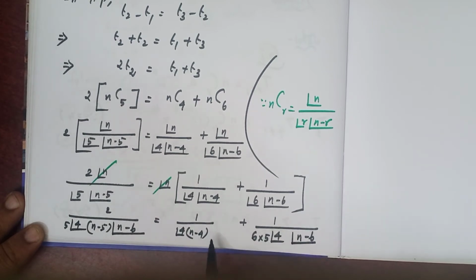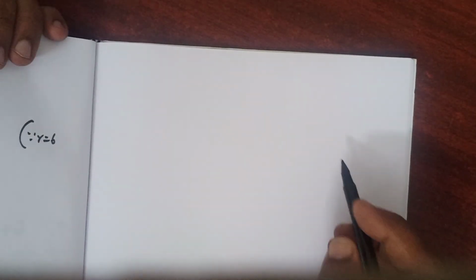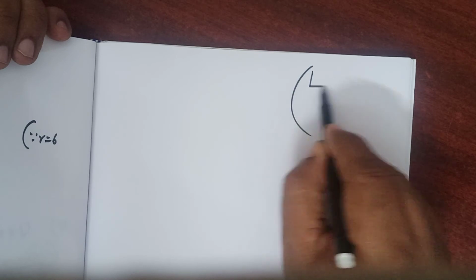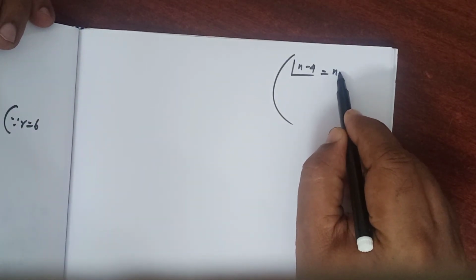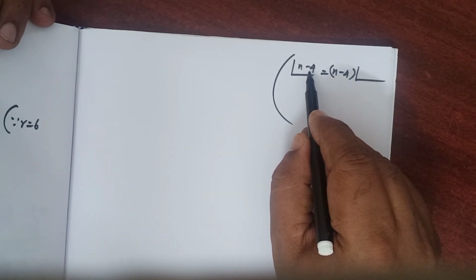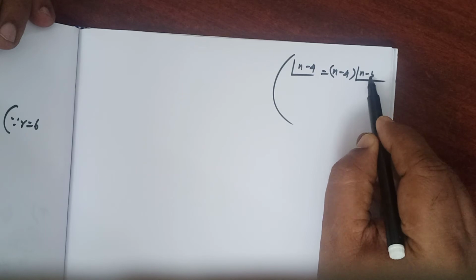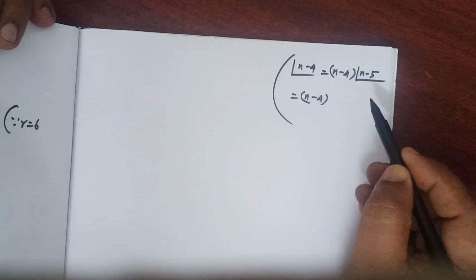Then into factorial n minus 5. For your reference, I write over here factorial n minus 4. That is equal to, first write n minus 4, inside the factorial reduce 1, n minus 4 minus 1, that is n minus 5, that is equal to n minus 4, write as it is.